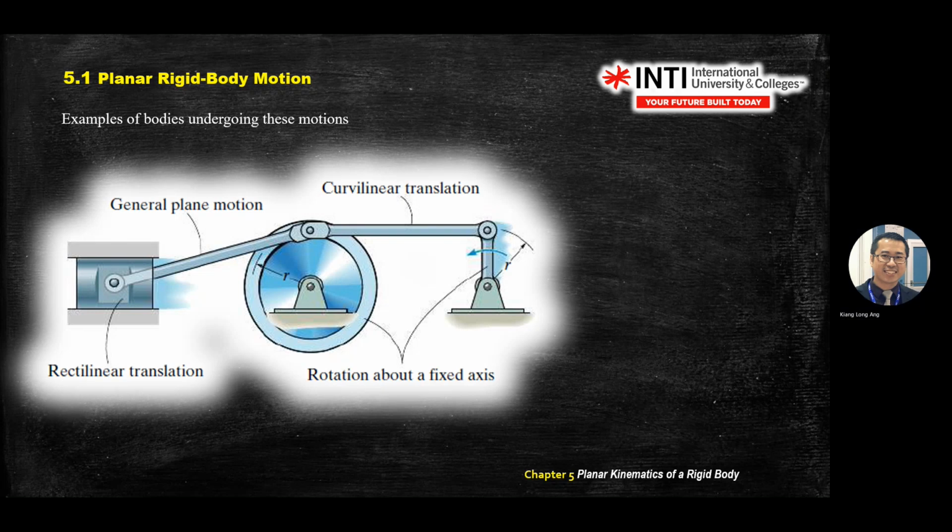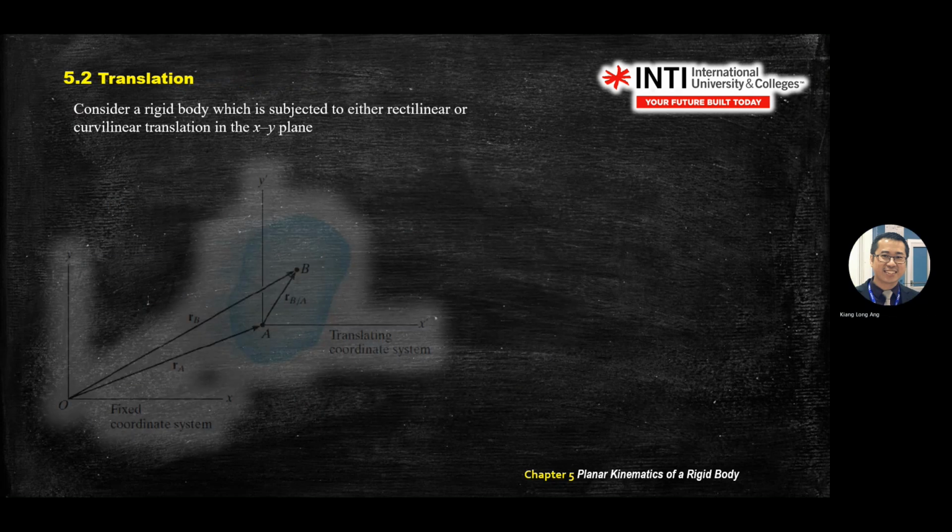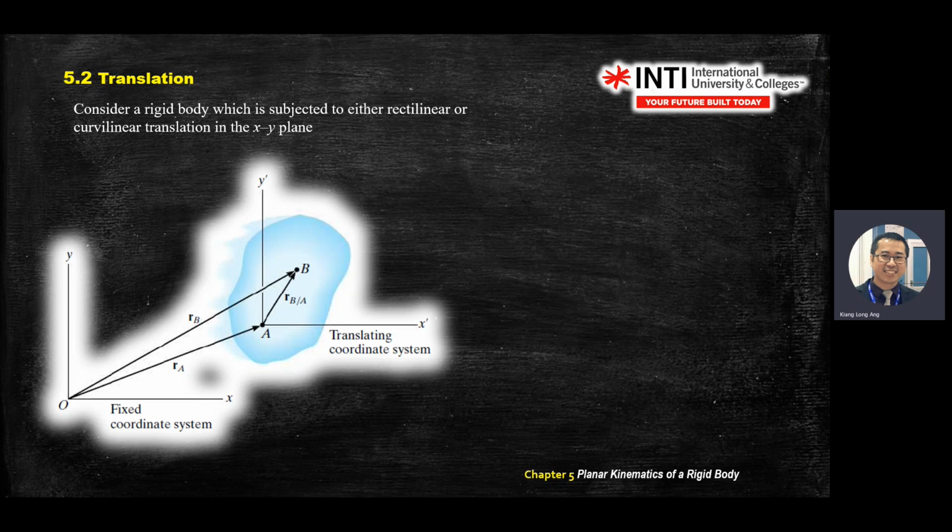In engineering, we like to link motion with equations, so we start with equations already. Recall when you enter chapter 5, you only need to recall chapters 1, 2, 3, 4, with a little bit of modification. The concept is still the same.